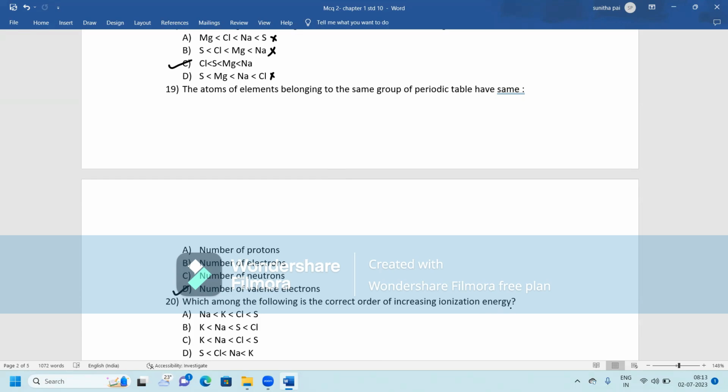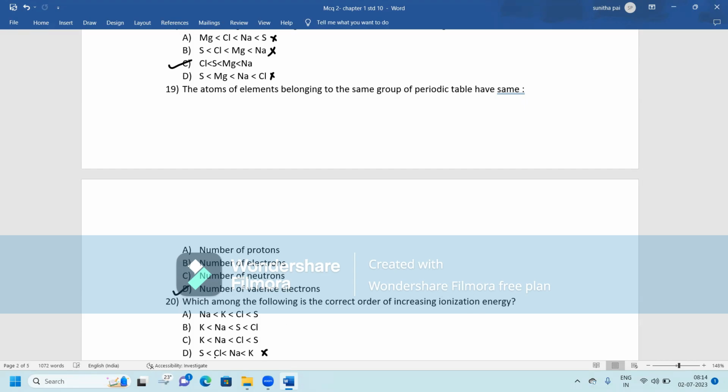Which among the following is the correct order of increasing ionization energy? Ionization energy increases when the size decreases. There is a mixture of down a group as well as across a period. Whatever it is, since it is increasing ionization energy, a non-metal should come at the end.